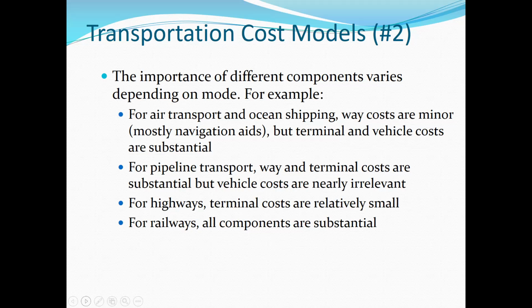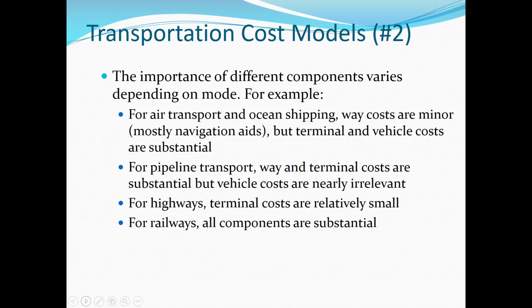For pipeline costs, the way and terminal costs are substantial, but vehicle costs are basically nothing. For highways, although parking lots are expensive, compared to building the roads and other facilities, terminal costs are relatively smaller.